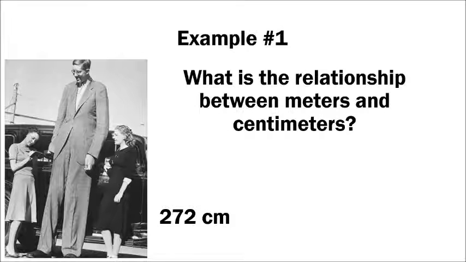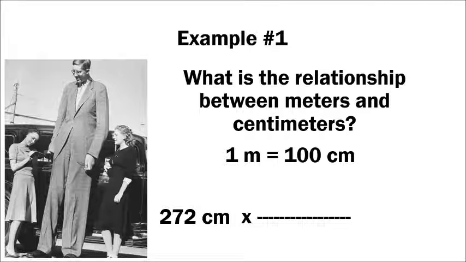So we have 272 centimeters. What is the relationship between meters and centimeters? There are 100 centimeters in 1 meter. So we're going to write a conversion factor, and as you can see, we have the multiplication symbol and a horizontal line. We're going to put the units we want to get rid of on the bottom, in this case centimeters, and we're going to put the units we would like in our answer, in this case meters, on top.